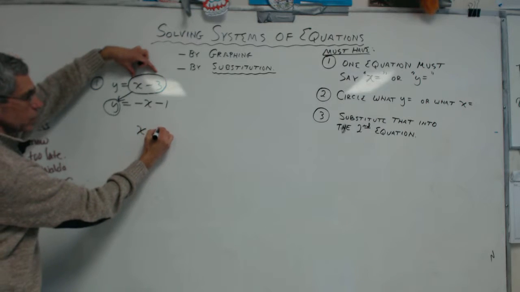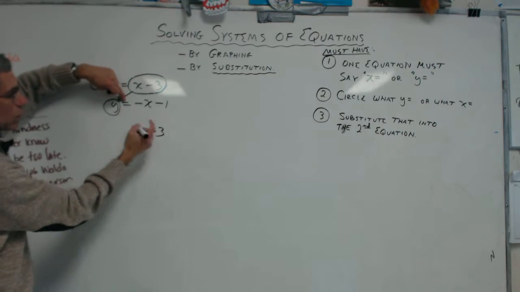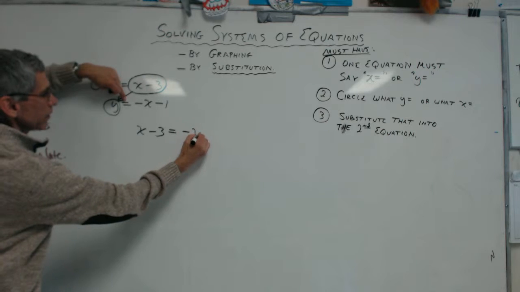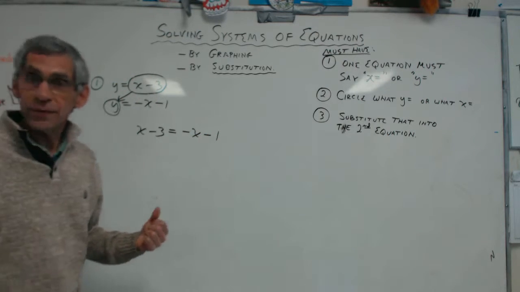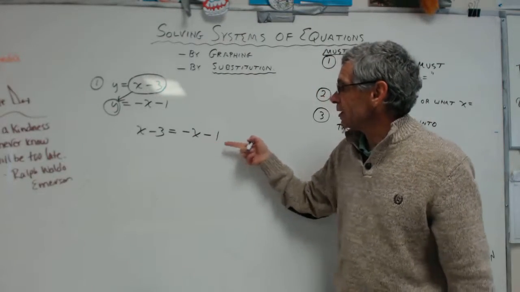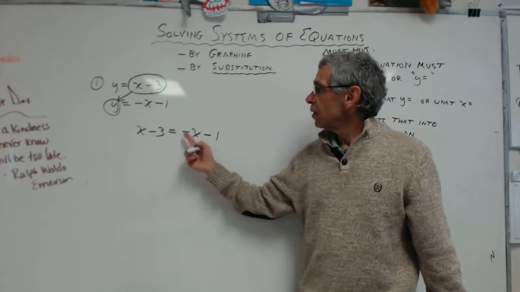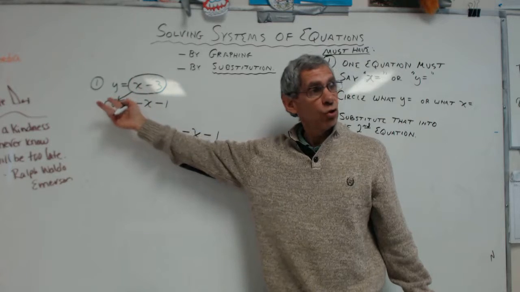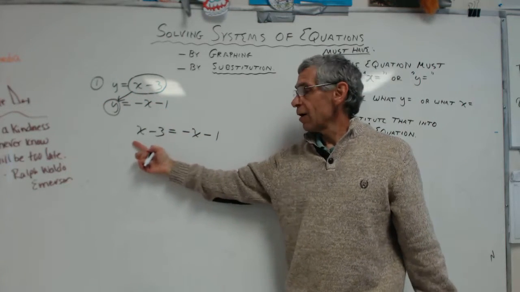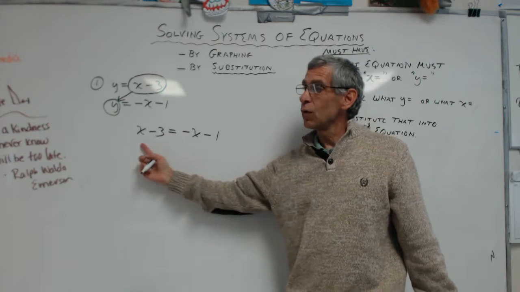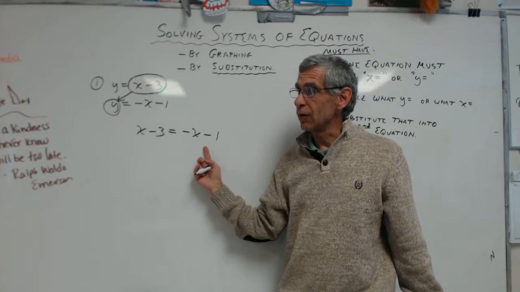So x minus 3 equals negative x minus 1. The cool thing is, up here I had two different variables. Here now I've created one equation with only one type of variable, x's.